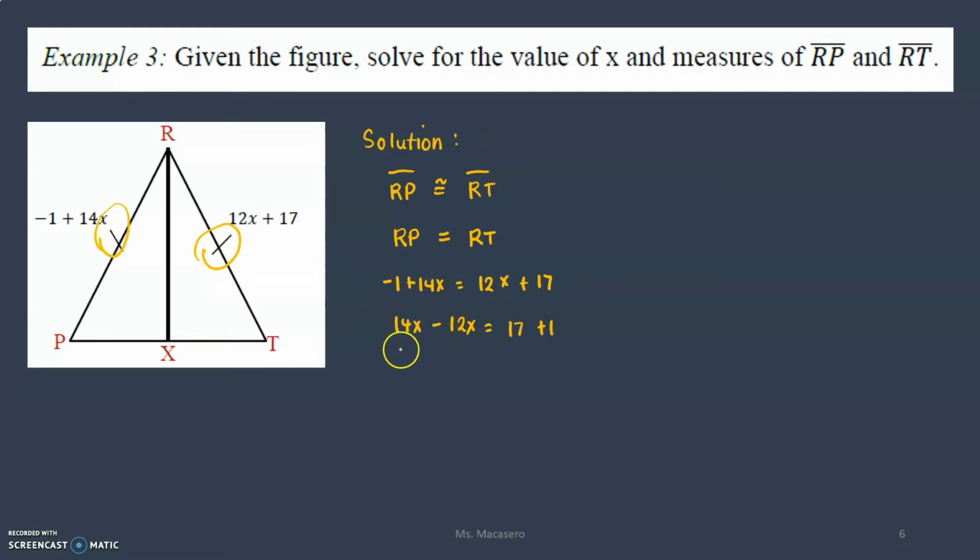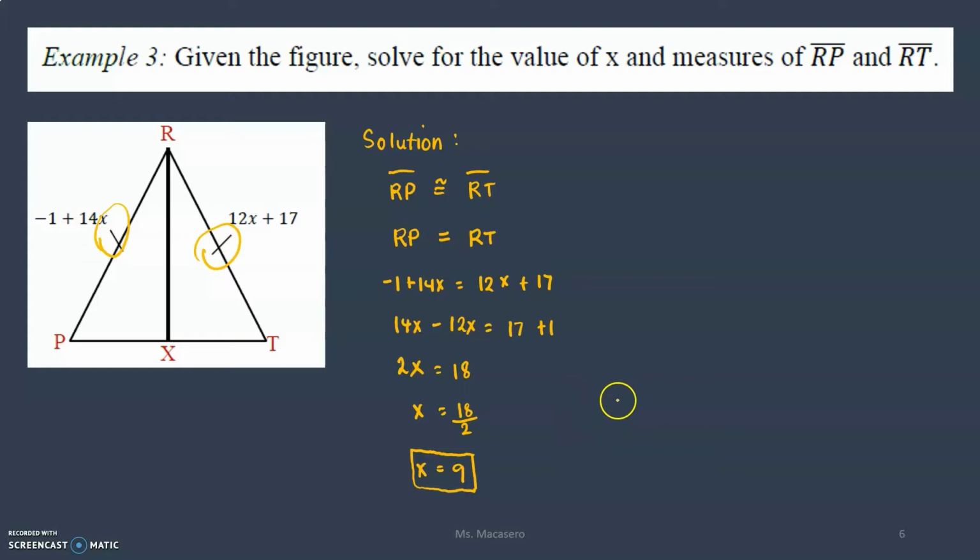So we have here 14x minus 12x, that is 2x, equals 17 plus 1, that's 18. So x is equal to 18 over 2, and x is equal to 9. That is your value of x.